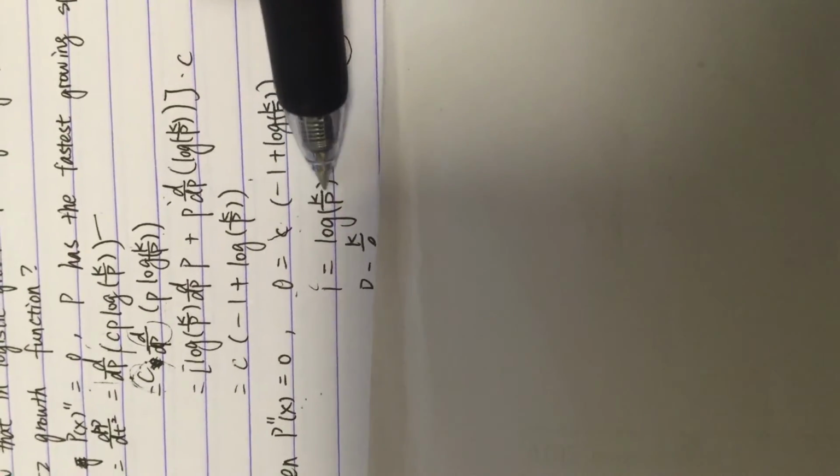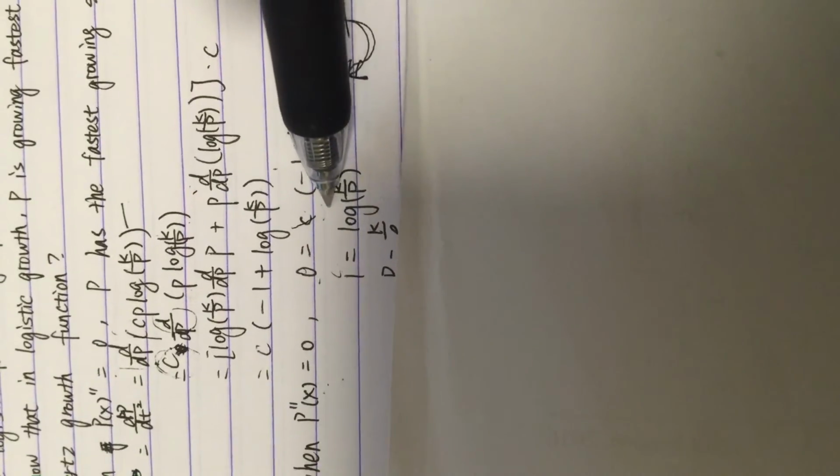When equals 0, 0 equals c times minus 1 plus log of k divided by p. So you divide by c at the same time. It becomes this, and your minus 1 comes to the left hand side, and you got 1 equals log of k divided by p.